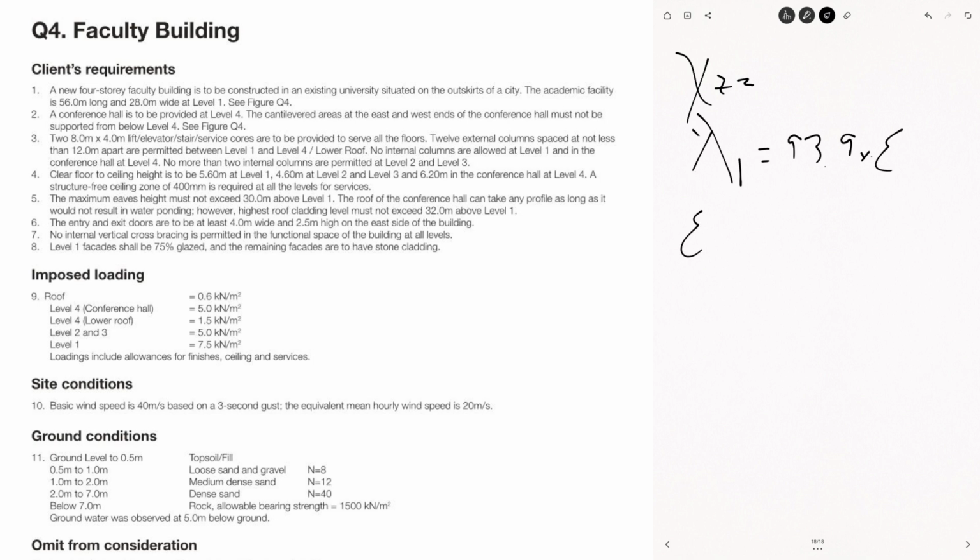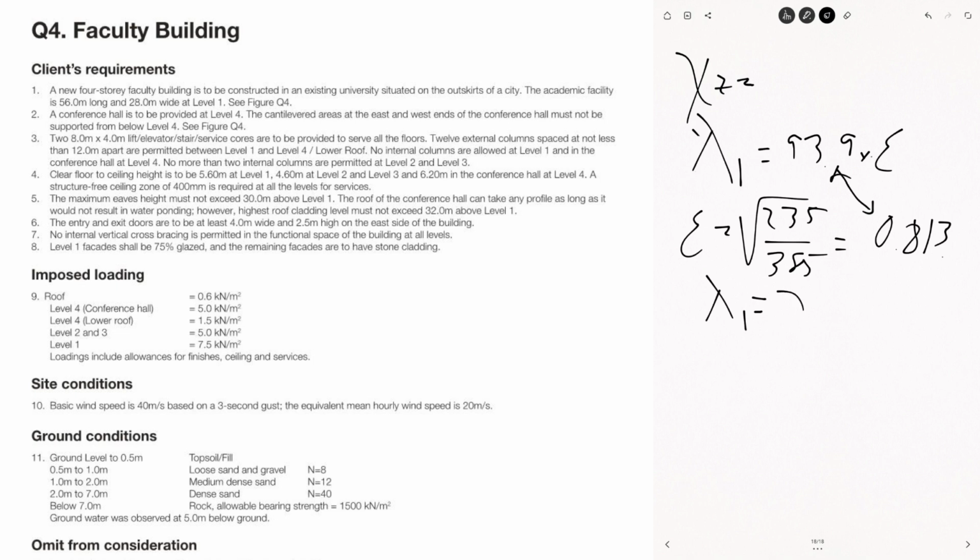The epsilon would be equal to the square root of 235 divided by 355, 0.813. So my lambda 1 is equal to, well, this times this, and that's 76.34.